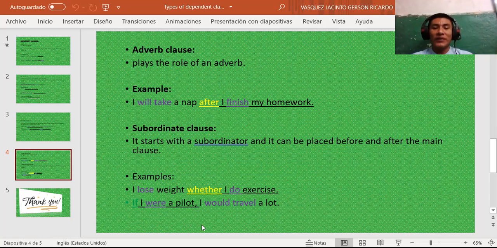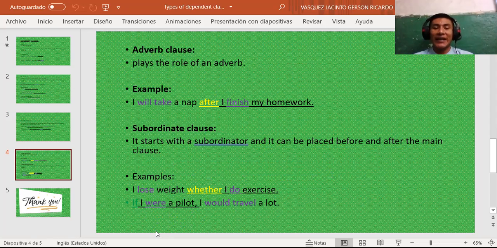And then we have the next example. If I were a pilot, I would travel a lot. In this case, the only difference is the position. In the first example, we use our subordinator in the middle, after the independent sentence.